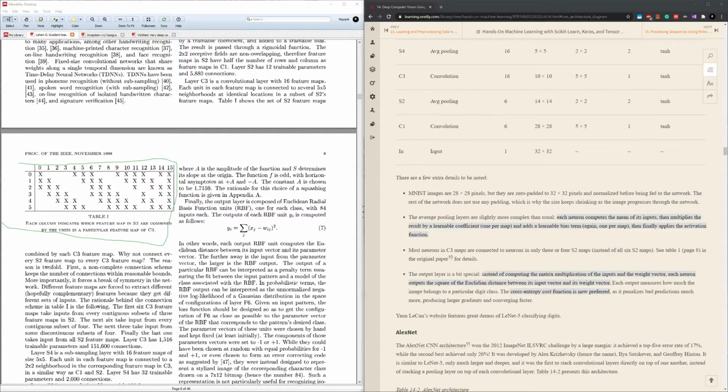So in the 0 map, they have 3. In the first, they have 3. Second, they have 3.